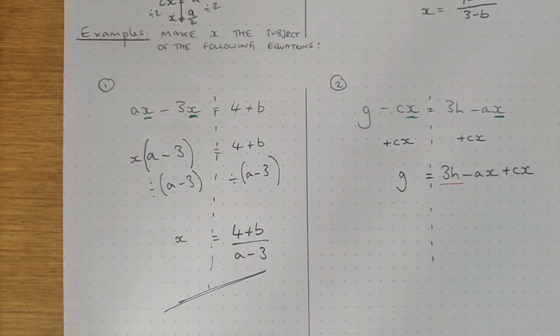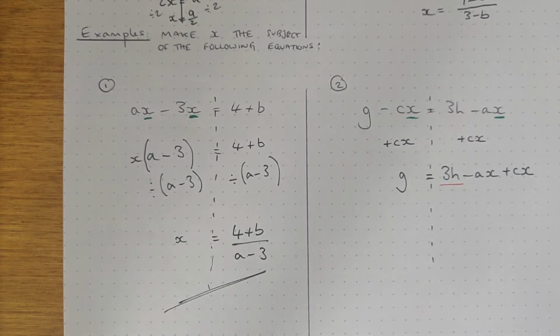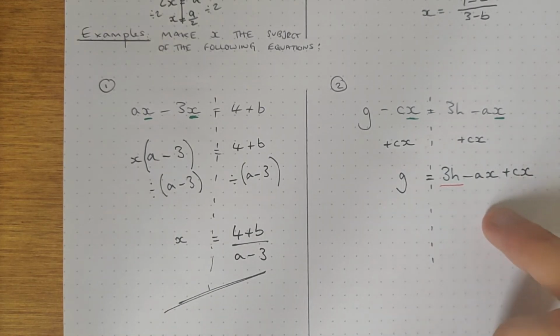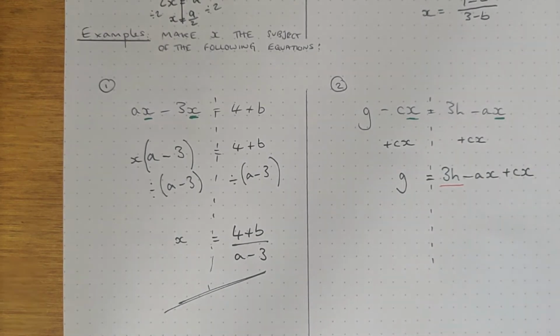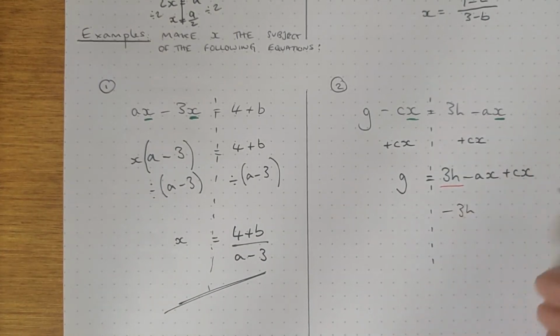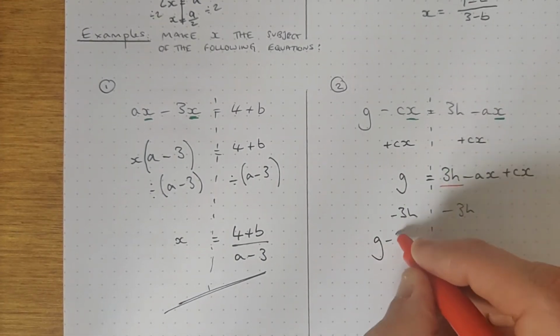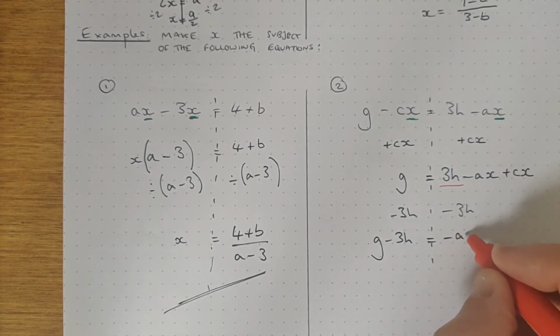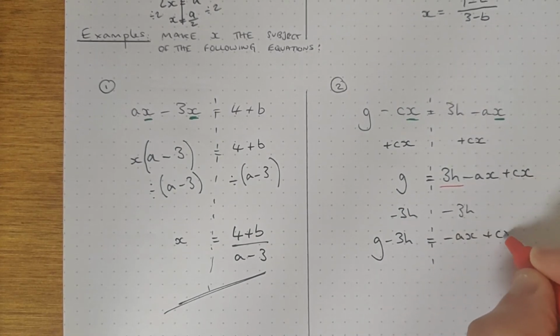Now, this 3h does not have an x in that term. So I want to get rid of that 3h from this side of my equation to allow me to isolate the x terms. I'm going to take away 3h from both sides. I'm going to get g minus 3h, and I have negative ax plus cx.